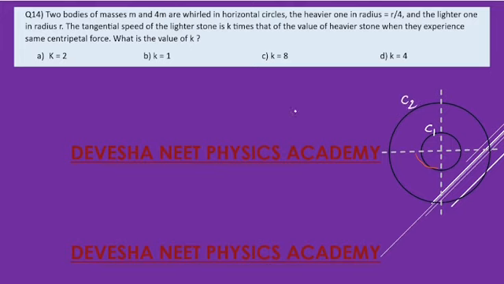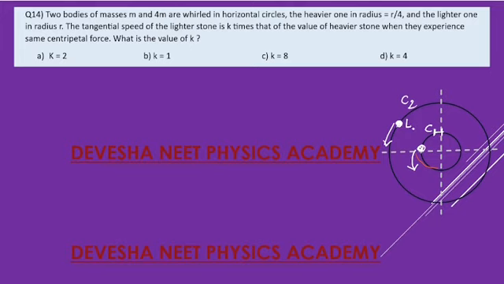One body is rotating in this circle like this, and the other body is rotating in this circle. The heavier body is here, and the lighter body is here.